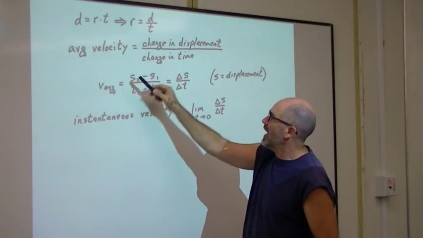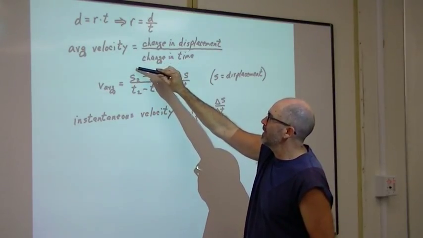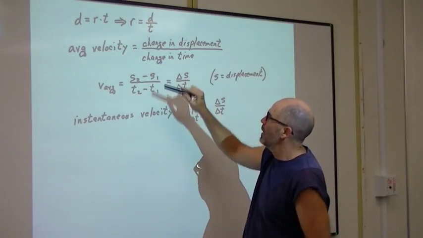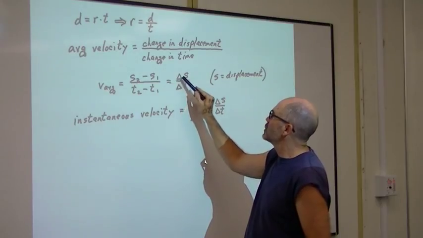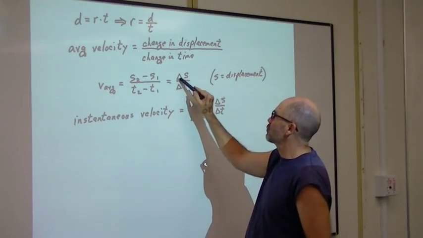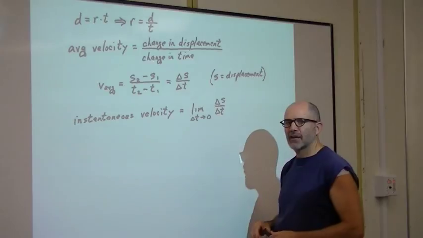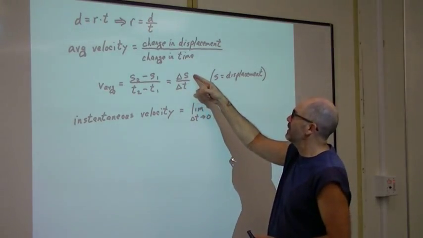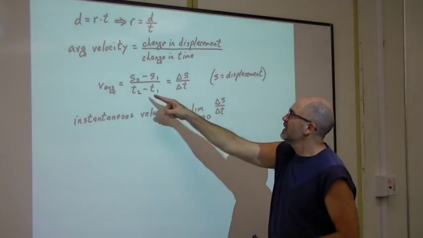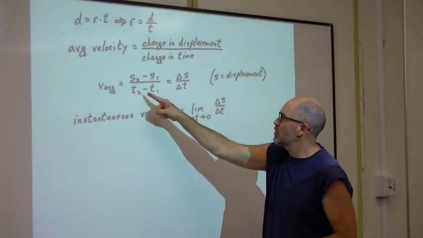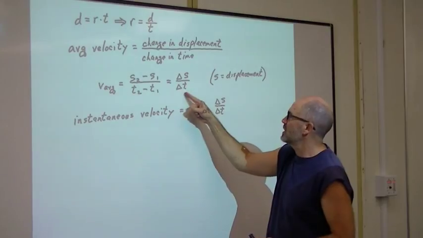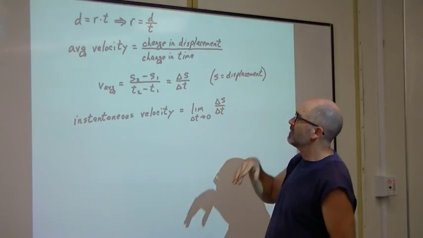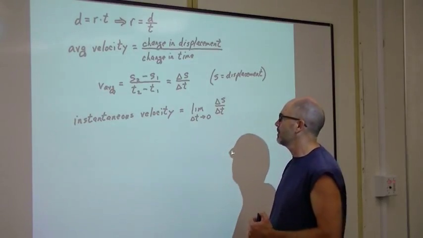So it's a particular displacement minus a displacement before it. So basically the change in displacement, this triangle is a Greek letter delta. It just basically means the change in displacement. How far have I gone? Divided by time 2 minus time 1, or a change in time.